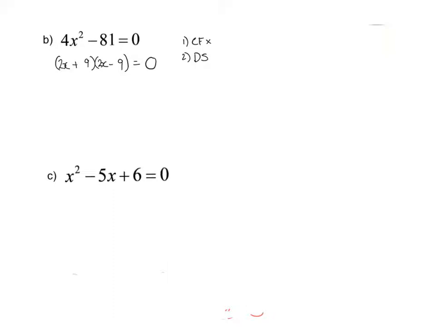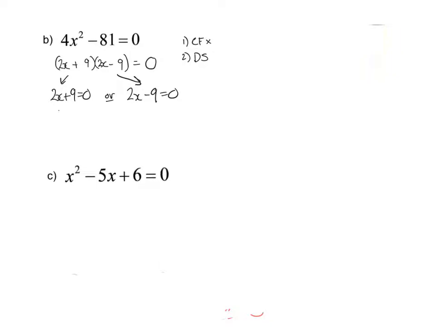Now, again, we have 2 things here, which are multiplying together and equal to 0. So this bracket multiplied by this bracket equals 0. Therefore, either this bracket is 0, so 2x plus 9 equals 0, or 2x minus 9 equals 0. Again, each of these can be solved in the normal way.